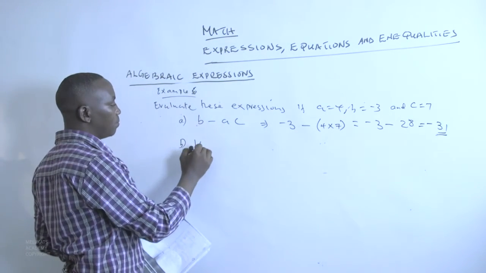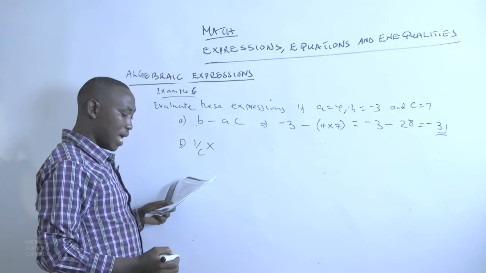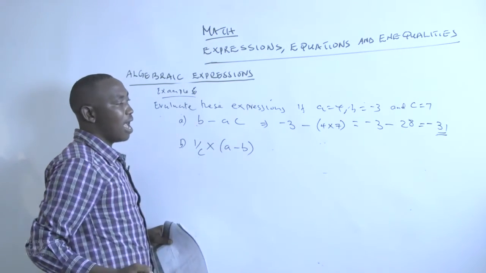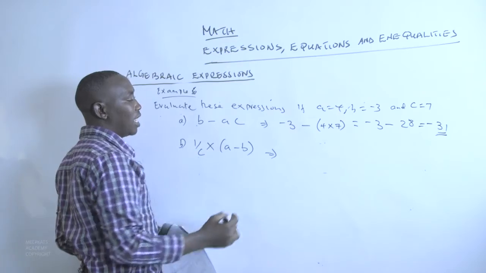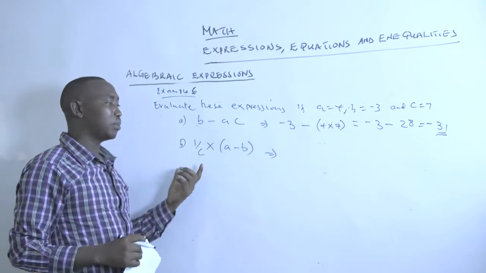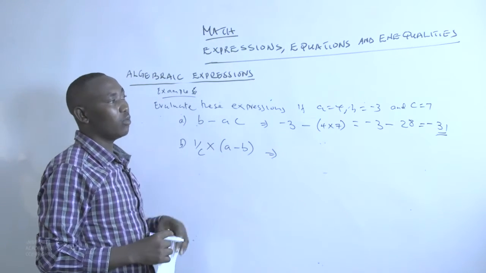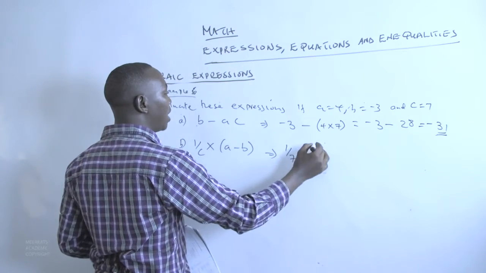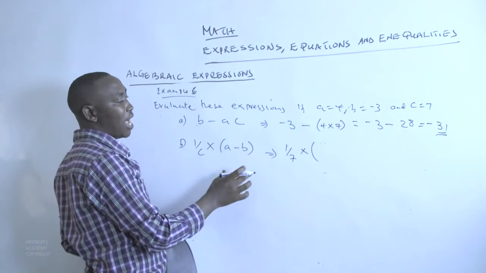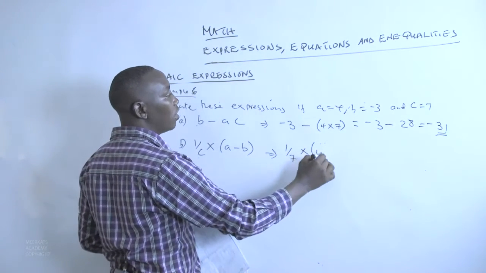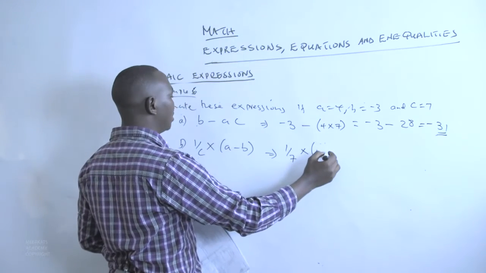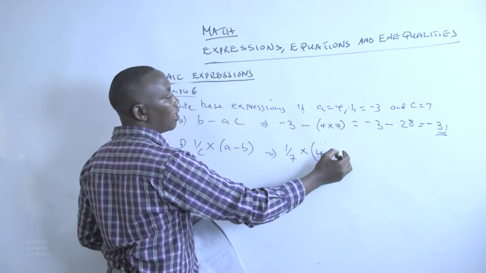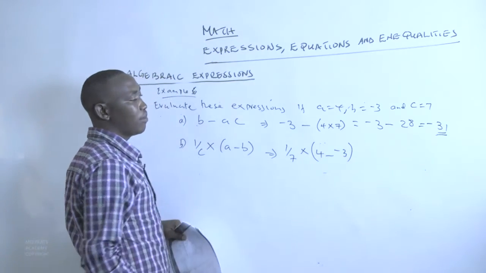Part B, 1 over c multiplied by the difference of a and b. In this particular case, again, we make the substitution. Where there is c, we put 7. So we shall have 1 over 7 multiplied by the difference of a and b. Our a is 4 and our b is minus 3. Therefore, we subtract negative 3.